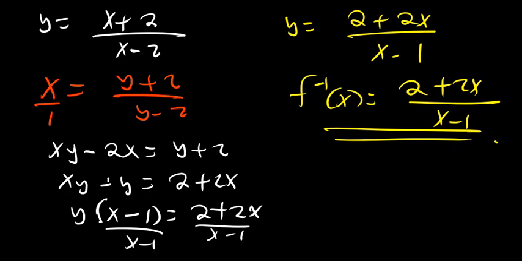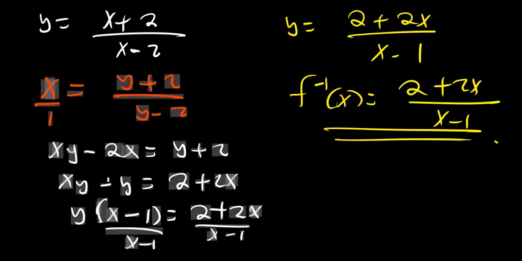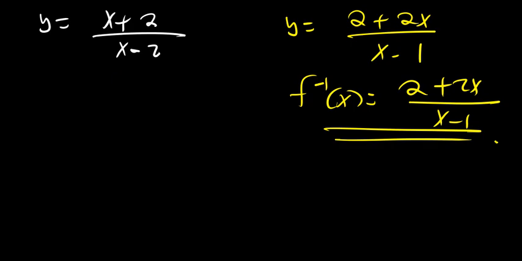Again, if you're not okay with this method, you can still use that other one. It's all right. For that other one, you just cross multiply and make x the subject of the formula. So it will be xy minus 2y being equal to x plus 2.